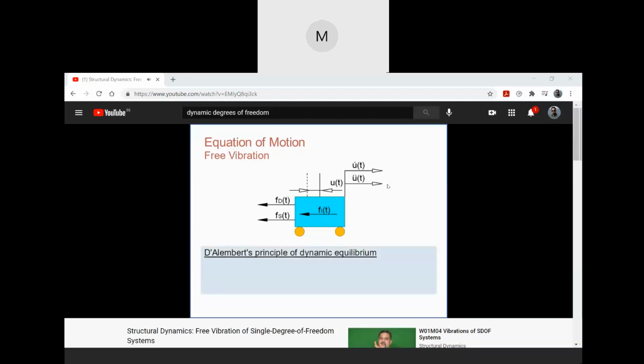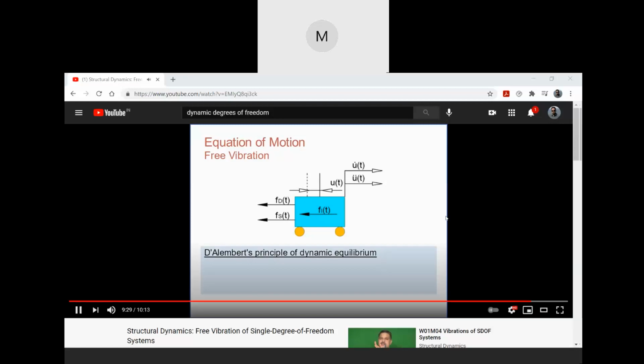In the second approach, we use D'Alembert's principle of dynamic equilibrium, which assumes an inertia force and states that the internal and external forces acting on the body are in equilibrium when the body is in motion.